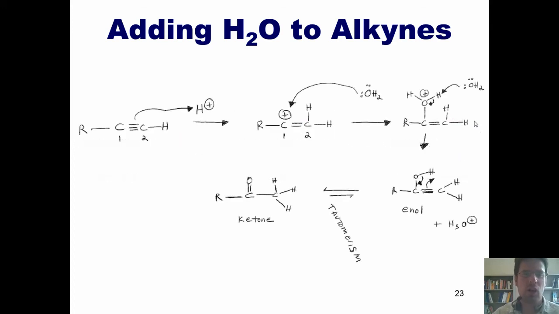However, I showed you this mechanism because I think it's easy to understand if we remember the analogous mechanism with alkenes. Pi electrons come out, hit the proton. Proton goes on the position that gives me the more stable internal carbocation. Water comes in, another water deprotonates, gives me the enol, and then the enol rearranges to form the ketone, according to this thing called keto-enol tautomerism.